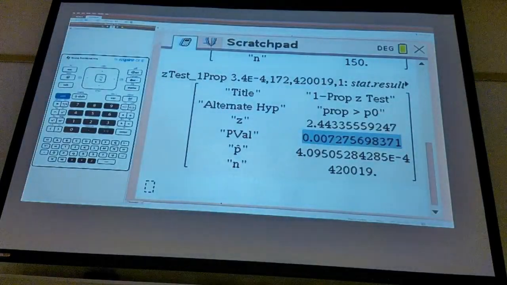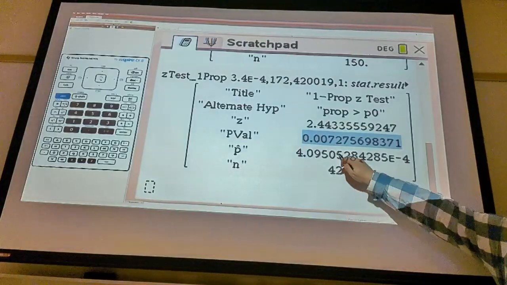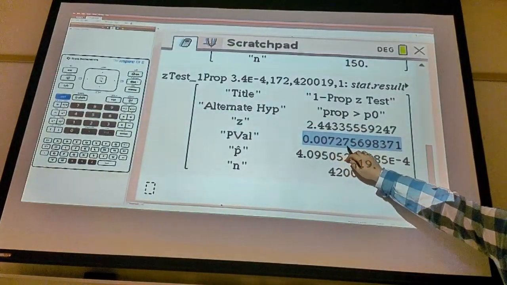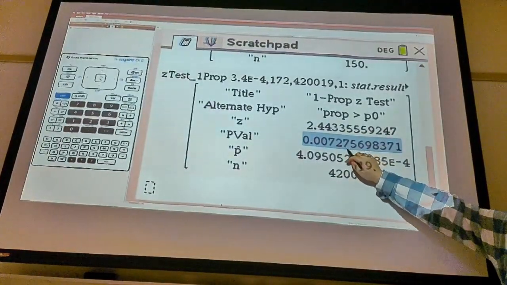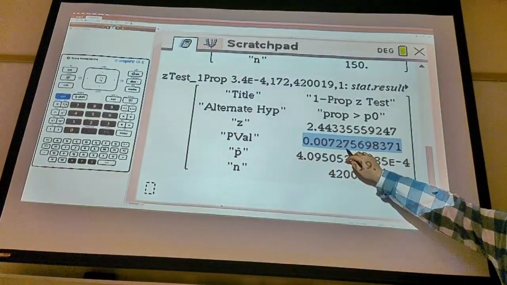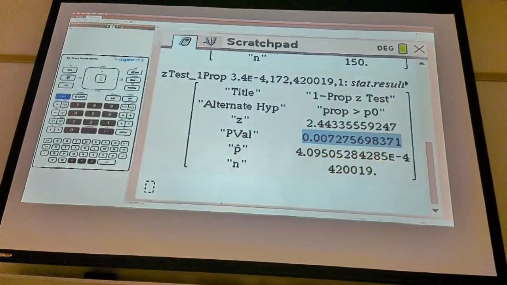So I come back to here. 1, 2, 3 sig figs. After the 7 is a 5, that's going to round up to 8. So 0.00728 will be the p-value I use.